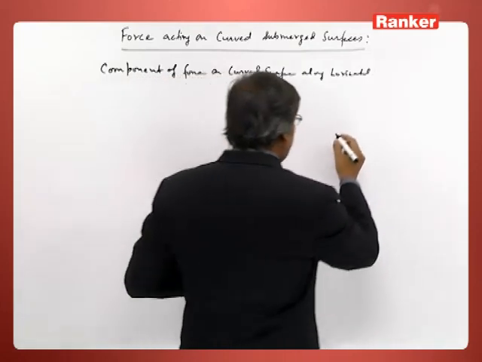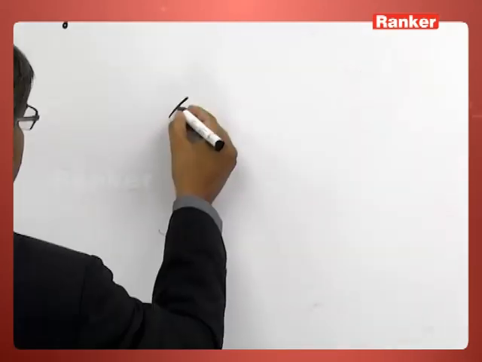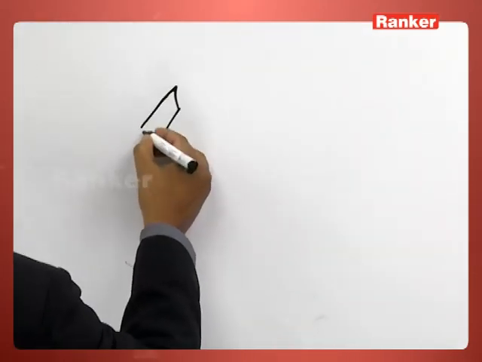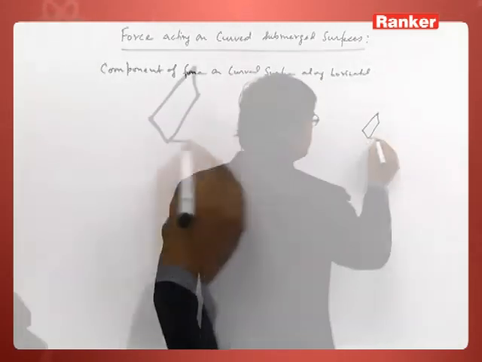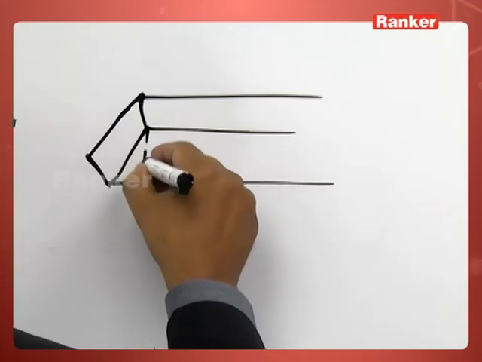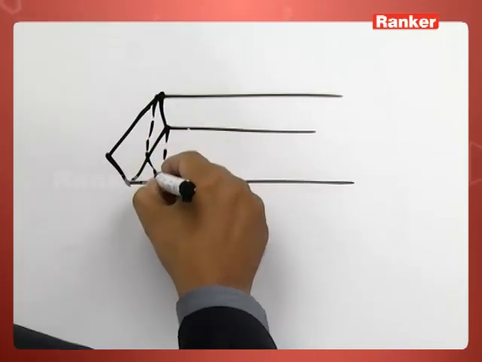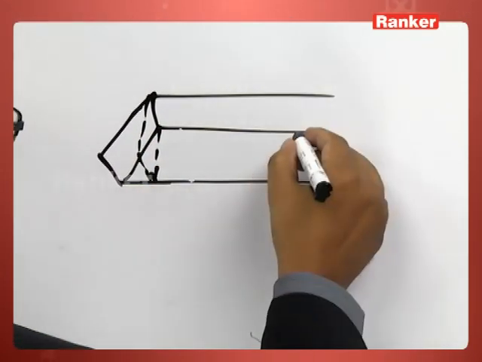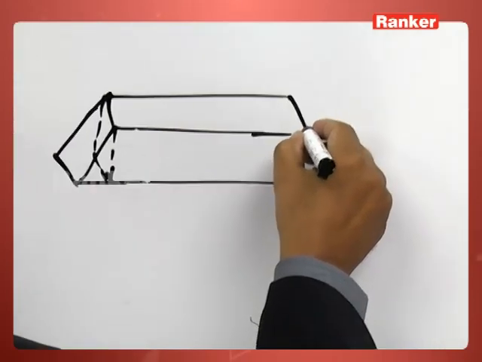So this is the curved part. What we do is take its projection on the vertical.